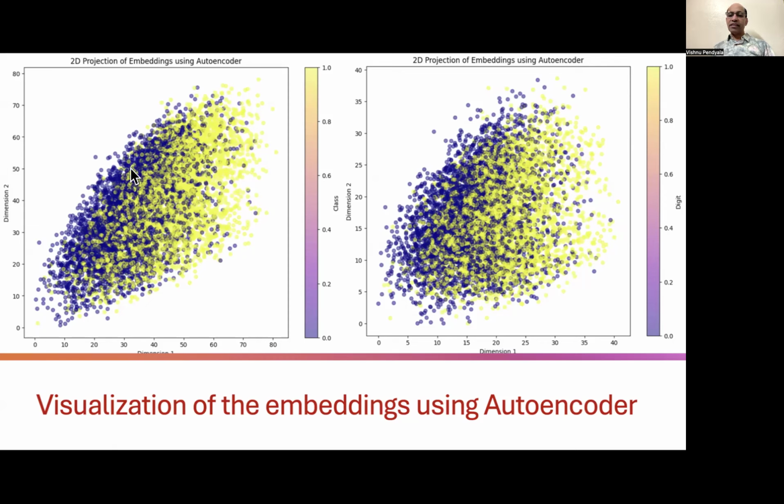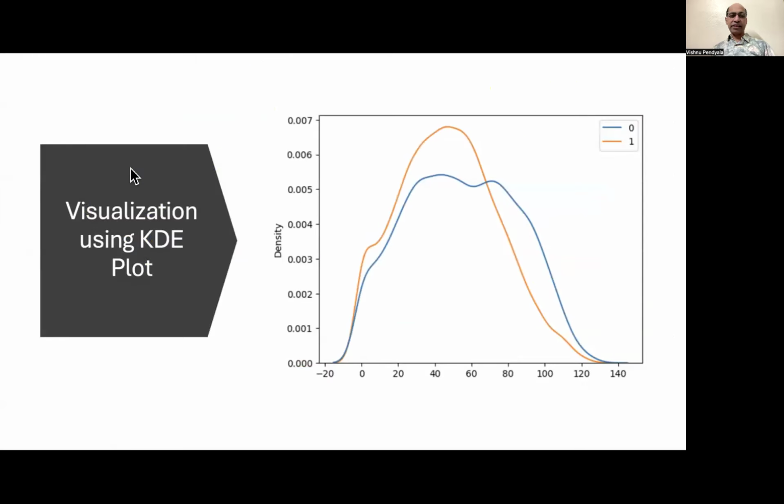From this figure, it does not seem like, right? Because there is some distinction between the yellow points and the blue points, but not so much. There is a lot of overlap. But based on the classification done by the machine learning models, certainly yes, as we will see later.